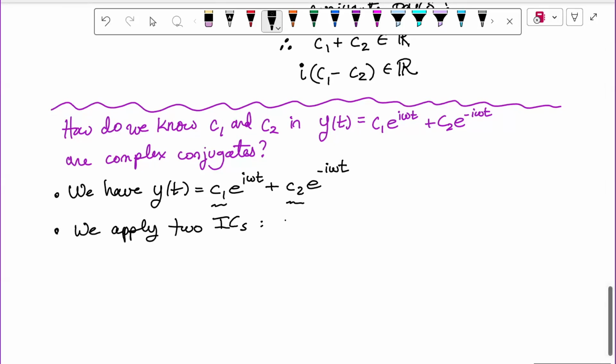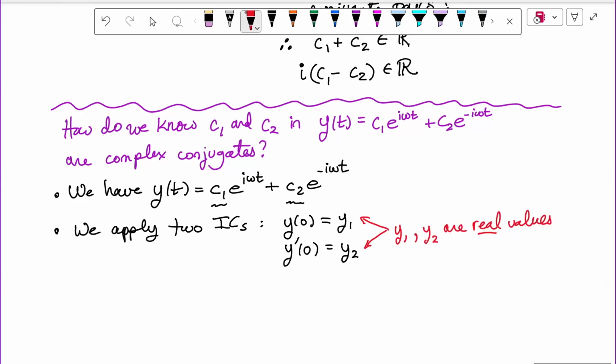Those initial conditions usually come in the form of specifying what the function y is at initial time and what its first derivative is at initial time. And we are going to call those values y1 and y2. Because we are working in a physical space, we are going to say that y1 and y2 must be real.